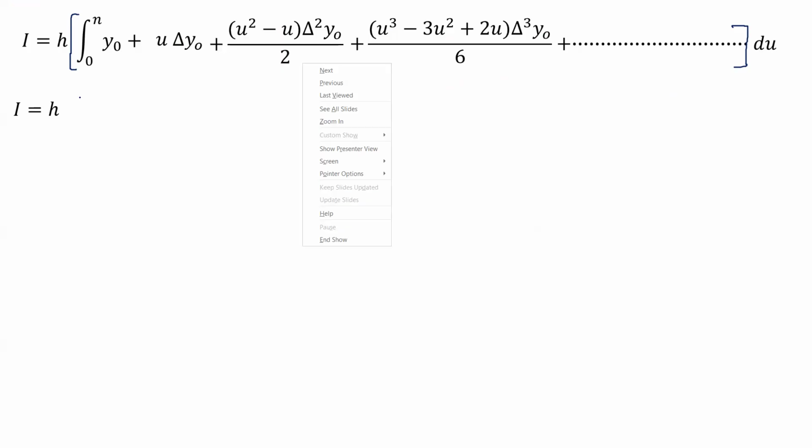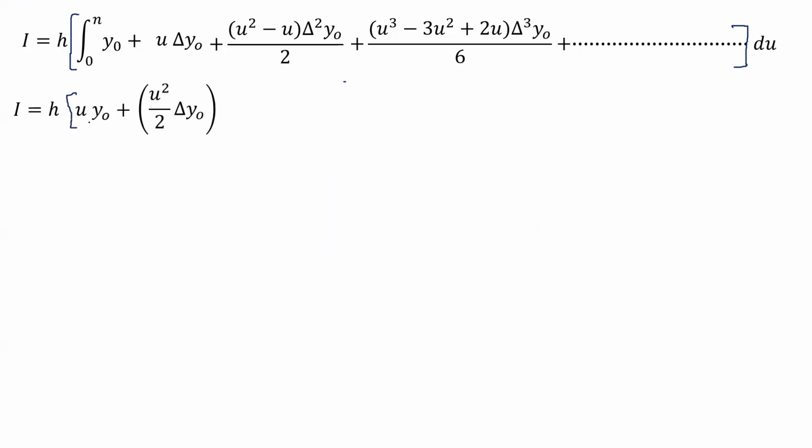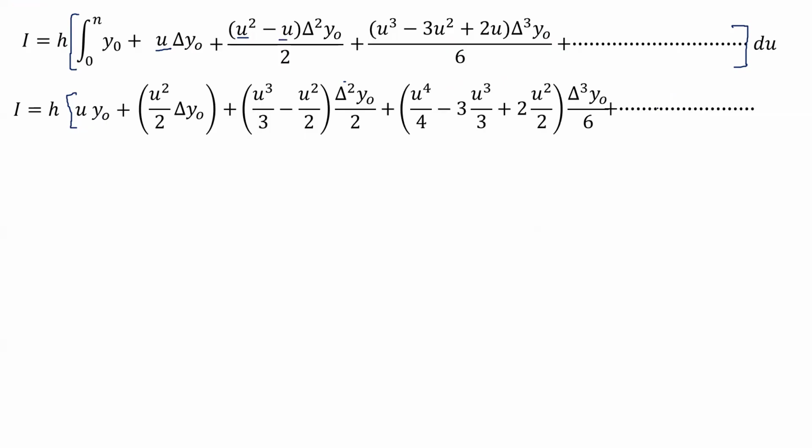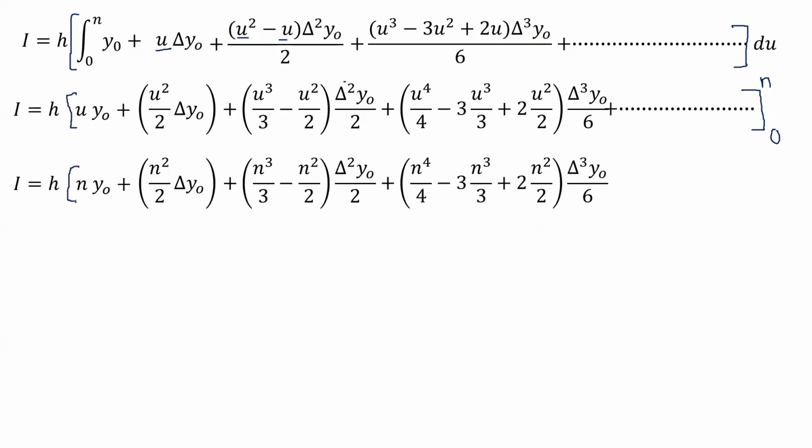So we have integration of u y naught, and likewise we have integrated u square by 2, u cube by 3, minus u square by 2, and likewise. And this we have integration from 0 to n limits. So that we have substituted, and then we will get the formula which we have to use.